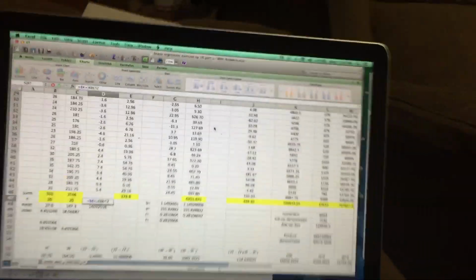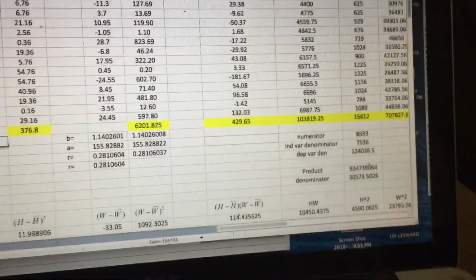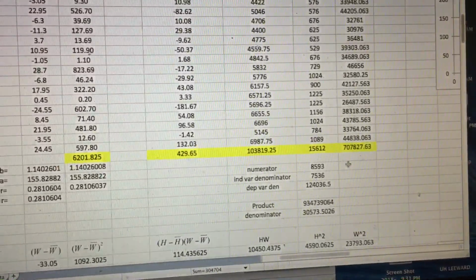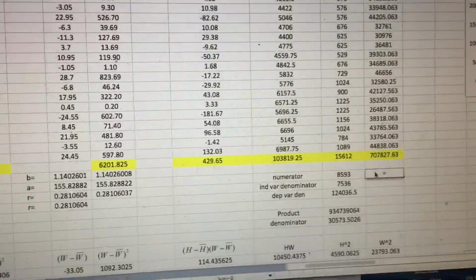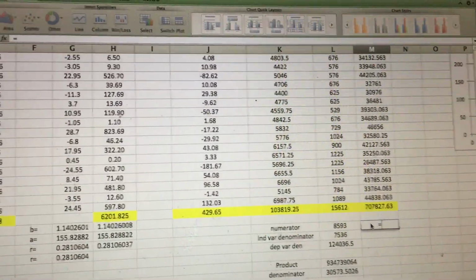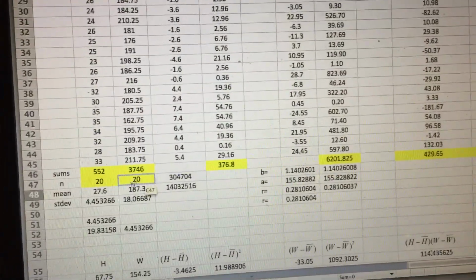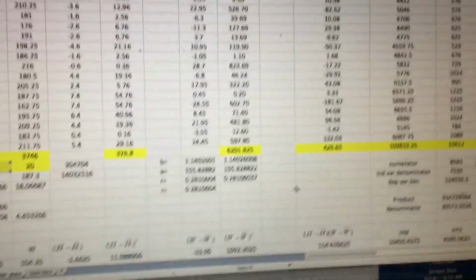Okay, so that's how we're gonna do it on paper. But how we're gonna do it on Excel, even for this complicated thing here, we are going to do it in a much easier way. Let's try this. Okay, for the numerator, again, the formula is the count. So let's take the count. We've got the count is 20.